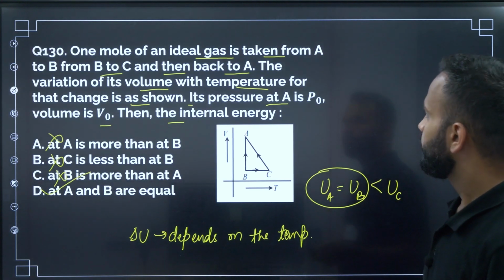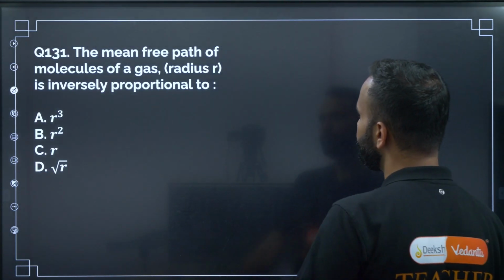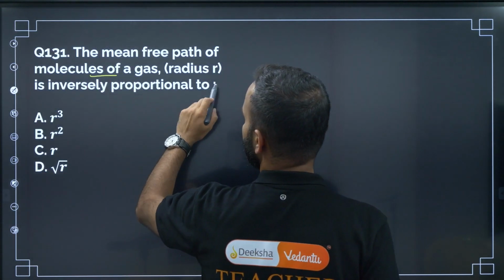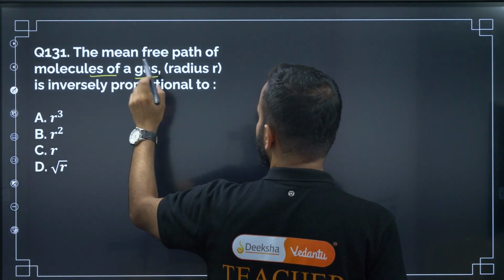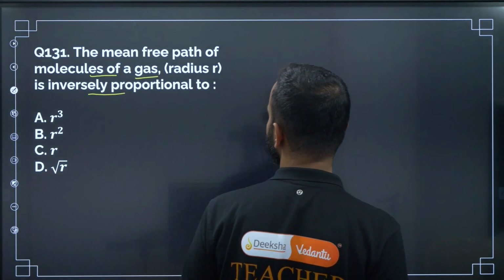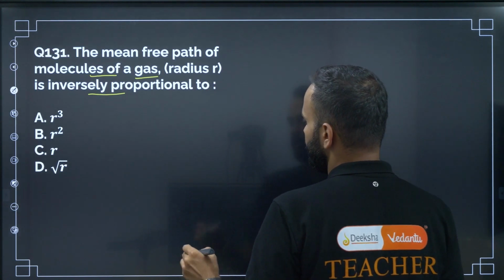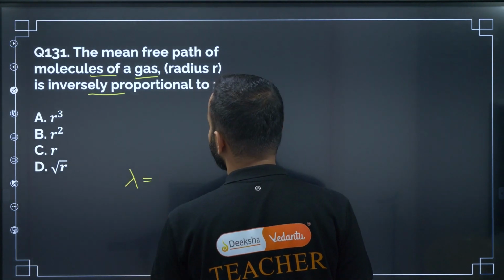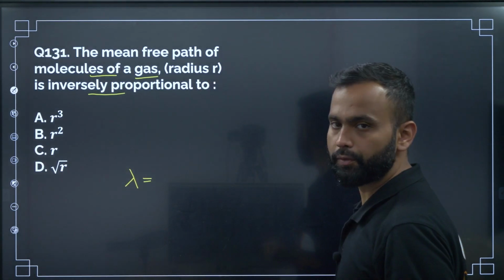Yeah, next question, 131. The mean free path of the molecule of a gas of radius r is inversely proportional to. Okay, so here we know the formula of mean free path of molecules of a gas, right?